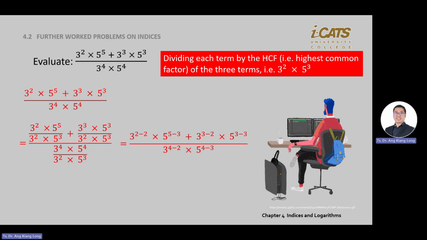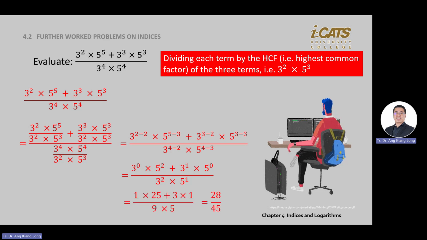You work with the same base first, 4 minus 2, and same base 5, 4 minus 3. And then you do the analysis. You move on. So at the end, you get 28 over 45.